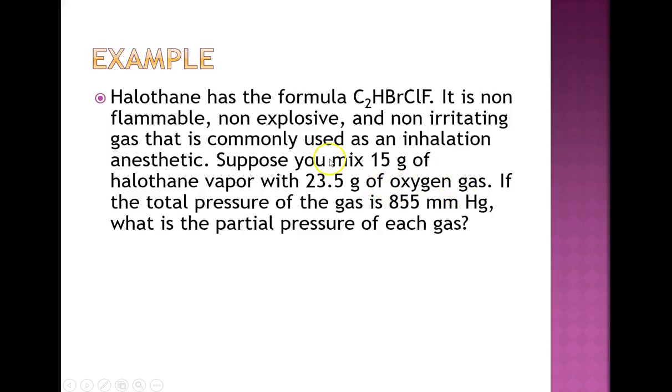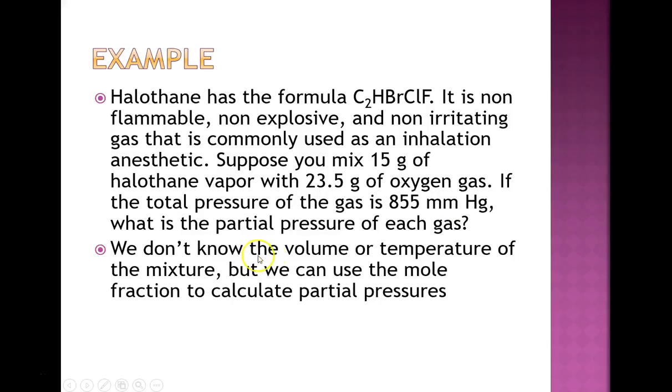So I've got two gases within a mixture of gases. If the total pressure of that gas mixture is 855 millimeters of mercury, what's the partial pressure of each gas? In other words, how much does halothane contribute to this 855 millimeters of mercury, and how much does oxygen contribute to the 855 millimeters of mercury?